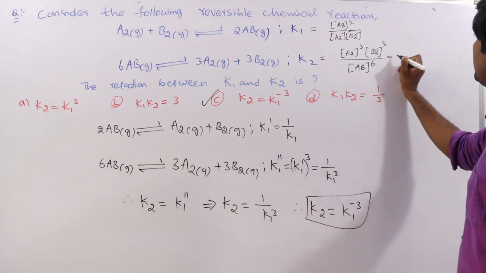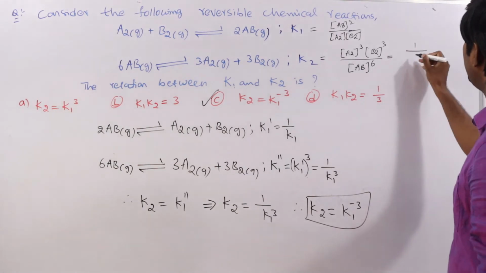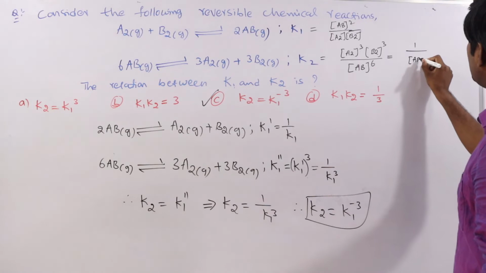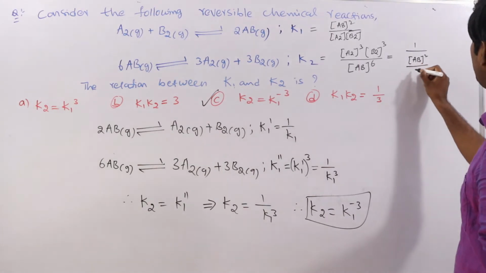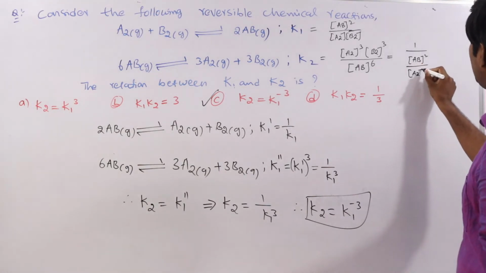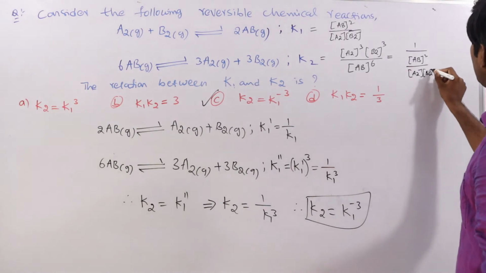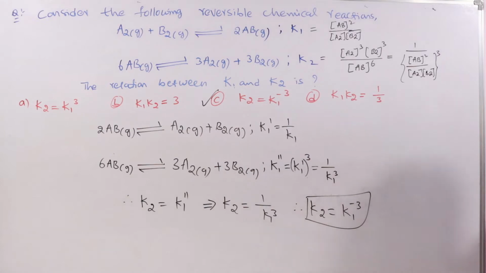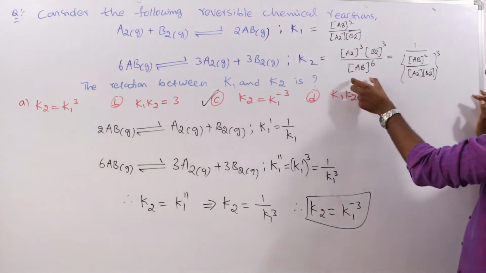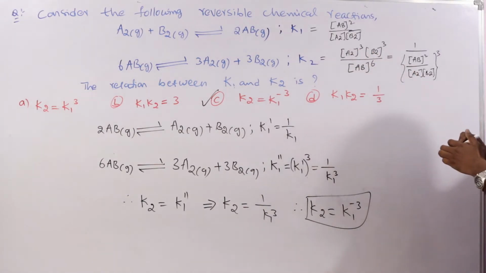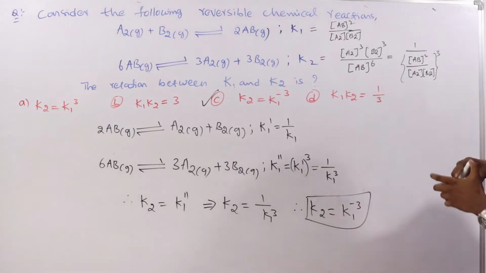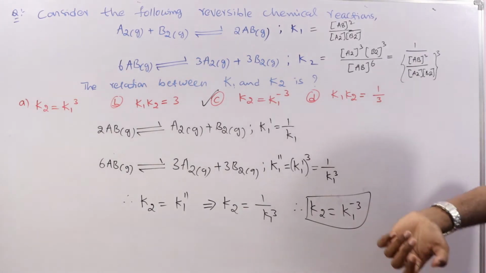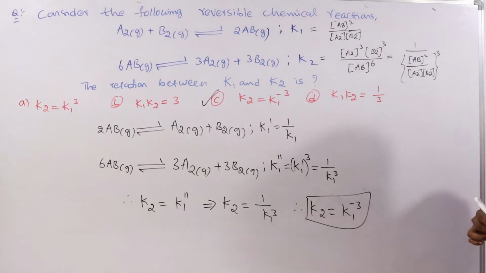This we can rearrange as 1 by, first bringing these two into the denominator, concentration of AB power 6 by concentration of A2 whole power 3 into B2 power 3.